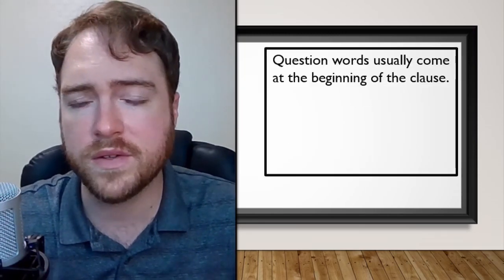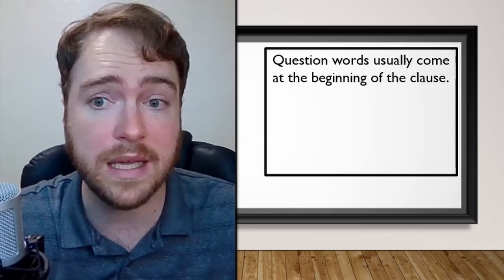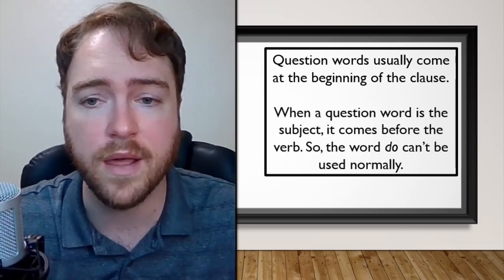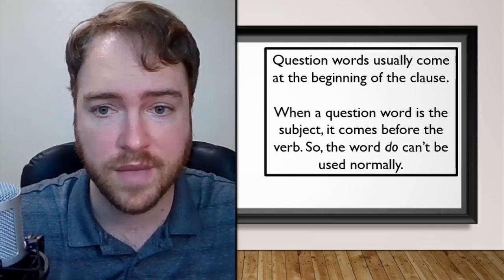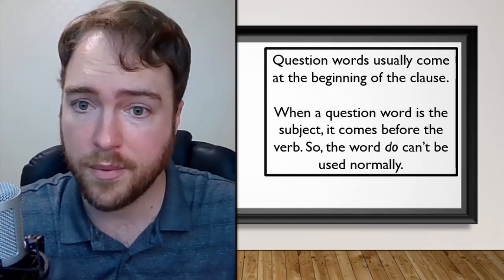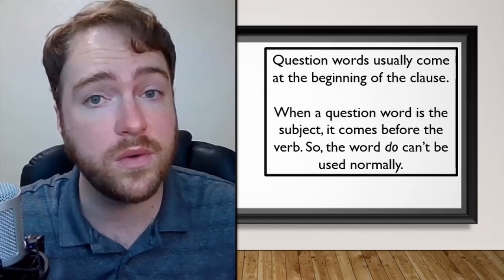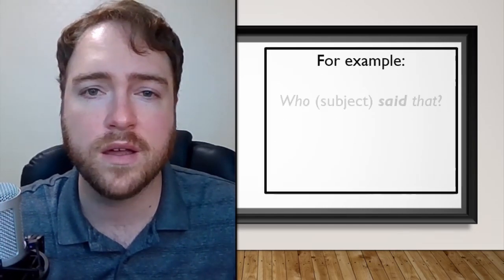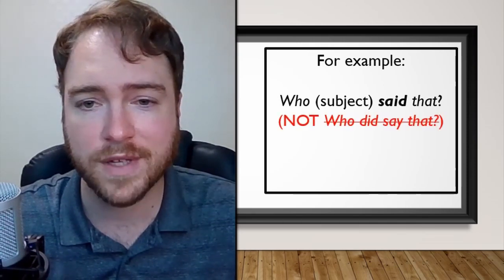It's also important to remember that question words usually come at the beginning of the clause. Okay? When a question word is the subject, it comes before the verb. So, the word do can't be used normally. Let's look at some examples. Who said that? Okay?